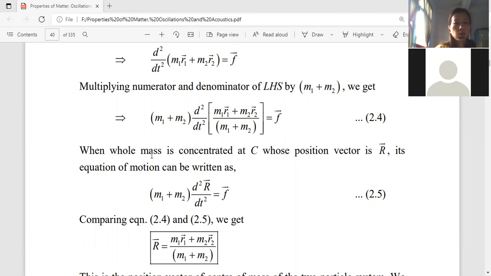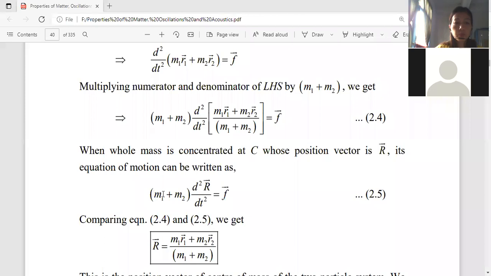As we already know, the whole mass is concentrated at the center of mass, at one position with position vector R. So for the equation of motion of the particle, I will show you afterwards.